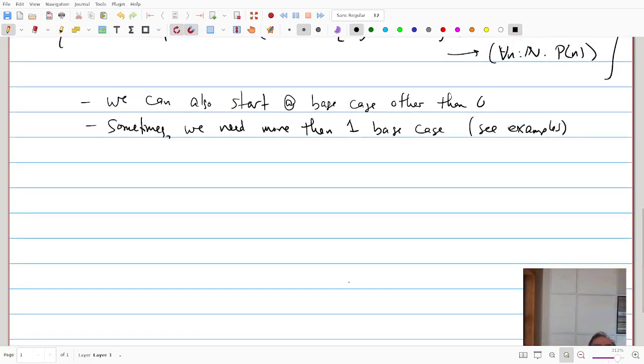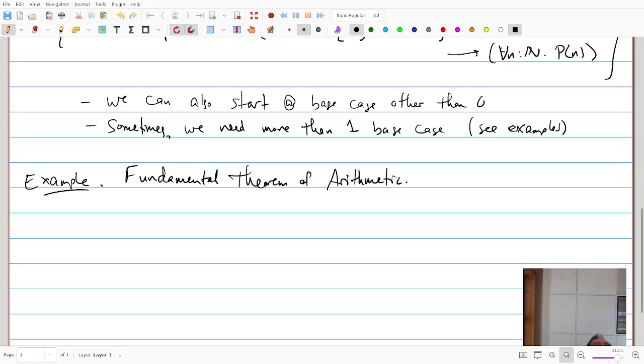So let's do some examples. The first example I want to do is the fundamental theorem of arithmetic. We've seen this before, but we didn't prove it, and I said we can't prove this yet because we need induction.